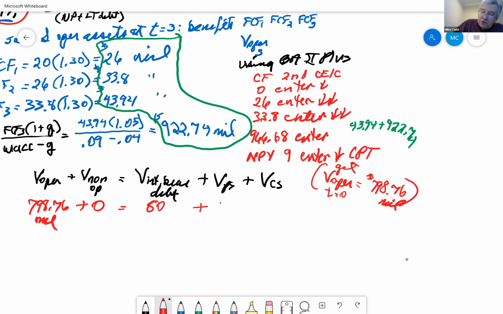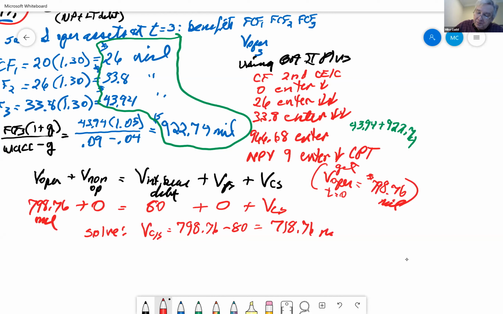We have no preferred stock, so we can solve for the value of the common stock, common equity, if you will. And that would be the 798.76 minus 80. I think I can do that in my head. 718.76 mil.